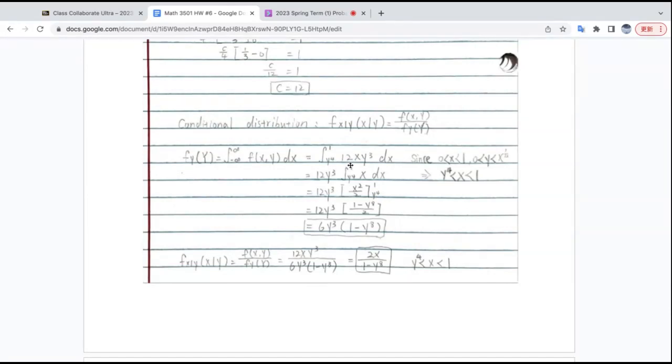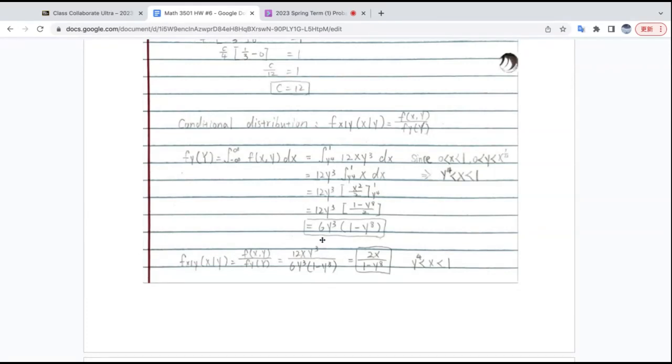So to find the integral of 12xy^3, I take out 12y^3 and find the integral of x, which is x squared over 2. Then plug in x equal to 1 minus x equal to y to the power 4.